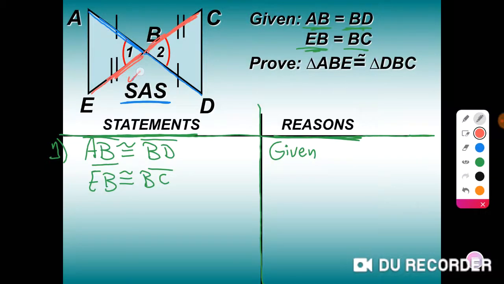So I have one side congruent to one side, and one side congruent to one side. Here I need to list that the included angle is congruent to the included angle in the second triangle. So here, statement number 2, I will say that angle BCD is congruent to angle, sorry, it's not BCD.